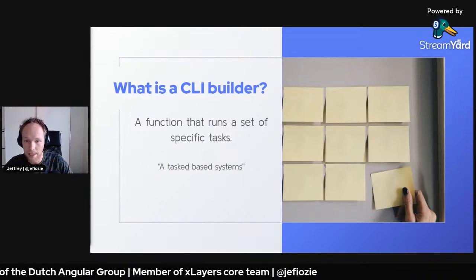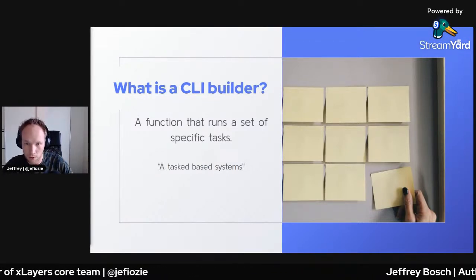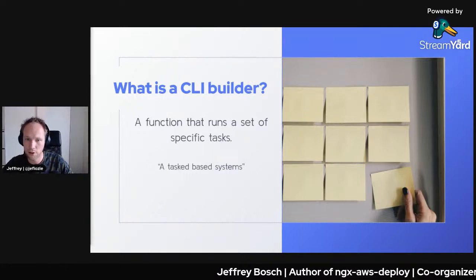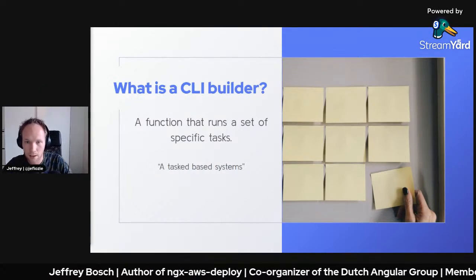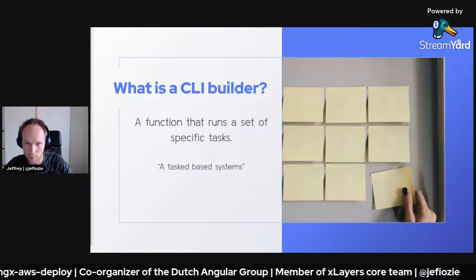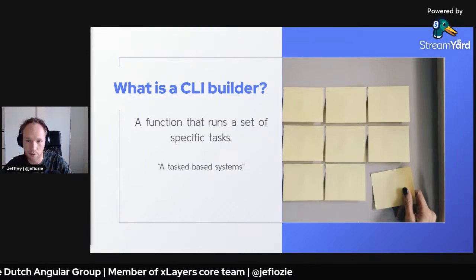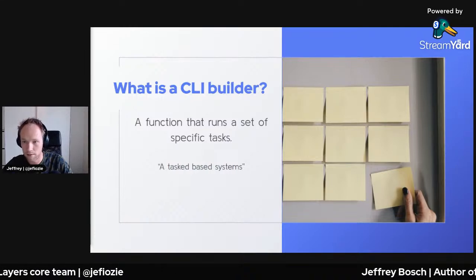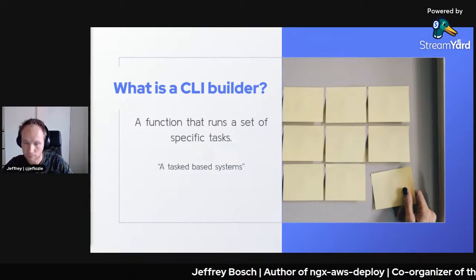The architect tool delegates work to a handler, and this handler is what we call a builder. I would explain this a little differently, because the architect tool and delegating may be a little hard to understand. So I refer to the architect tool as basically a task-based executor. Builders are the tasks, and we describe them by our code. So you can say that the CLI is a task-based system that runs our builders that do a specific task.